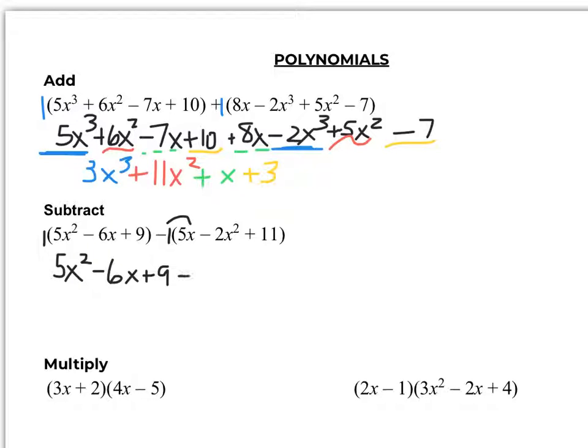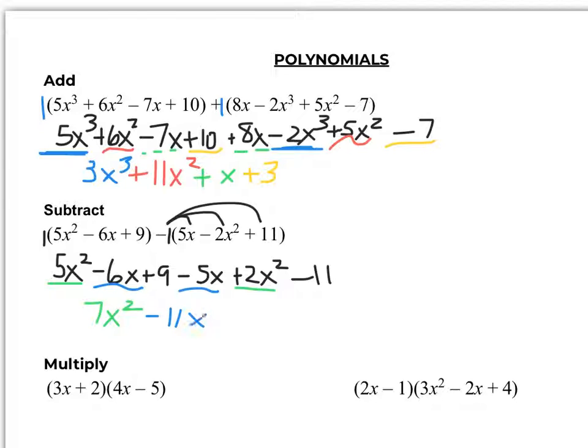So minus 5x plus 2x squared minus 11. Okay. So 5x squared plus 2x squared is 7x squared. Negative 6x minus 5x is negative 11x. And 9 minus 11 is minus 2.